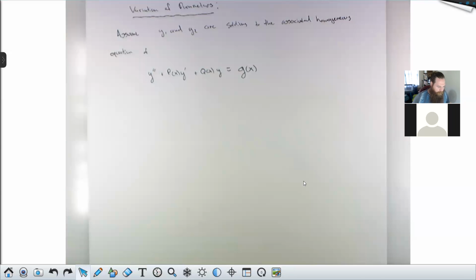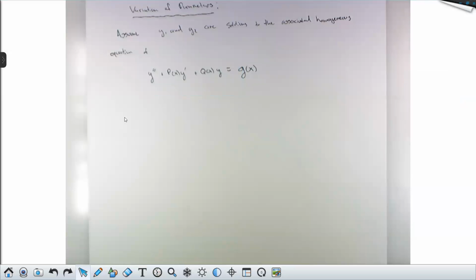And then in addition to that, we're going to assume that the particular solution is of the form we discussed, u1 y1 plus u2 y2. What you notice here is I'm not necessarily assuming that p and q are constants. So even though we only really know how to solve constant coefficient equations in the general case, in the second or higher order case, this variation of parameters business will work in other settings also.